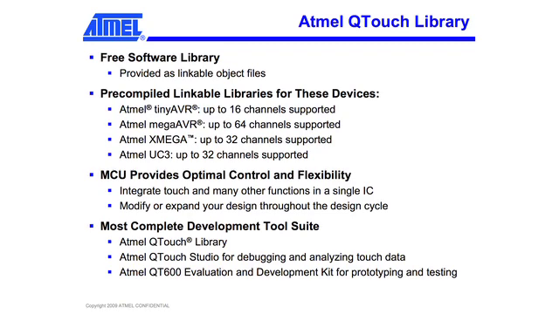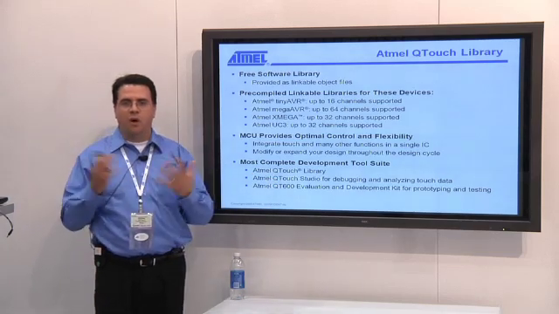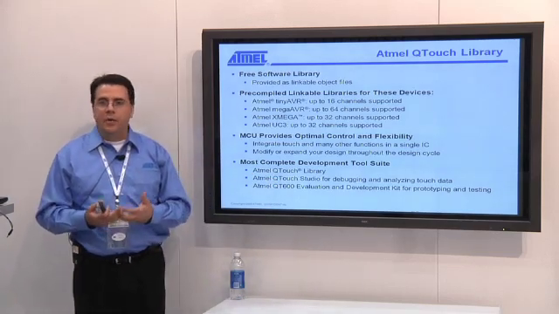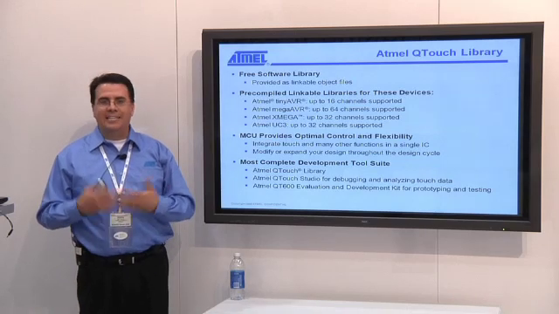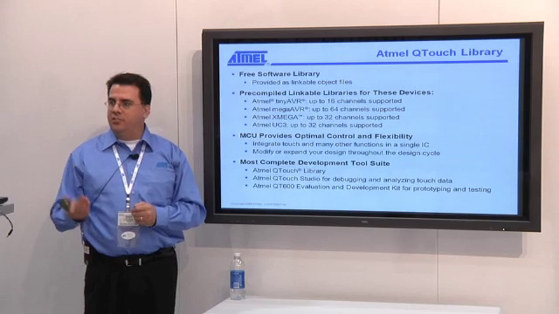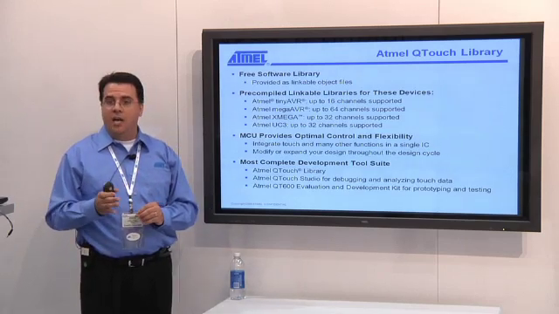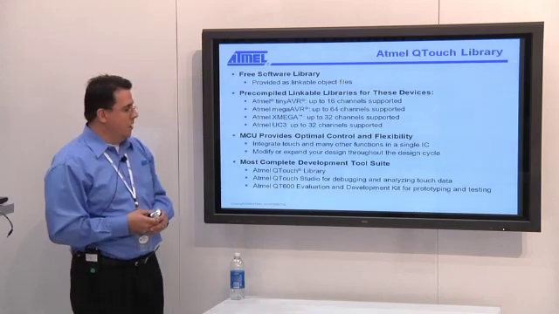Finally, in order to enable easy prototyping, easy development and debug, we have a full ecosystem of development tools. Along with our QTouch library, we have QTouch Studio, which is our software GUI, integrated development environment, that allows you to configure your touch interface and touch sensors, as well as tune your sensors in real time, and you can do your debugging that way as well.